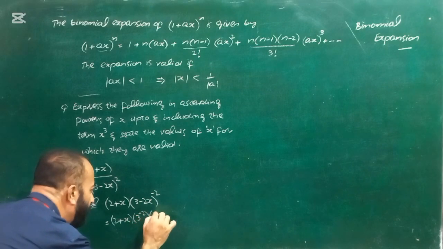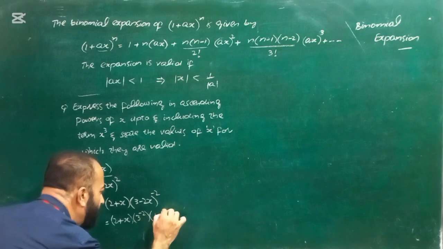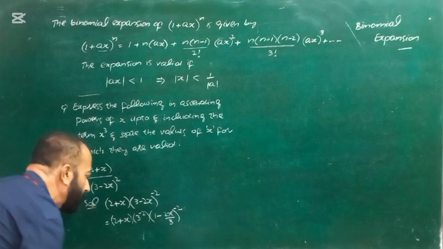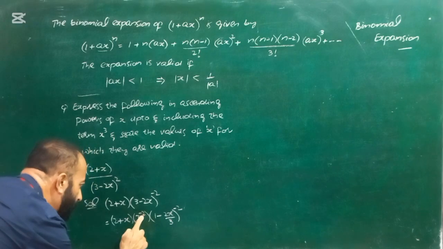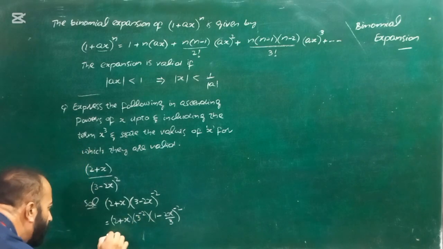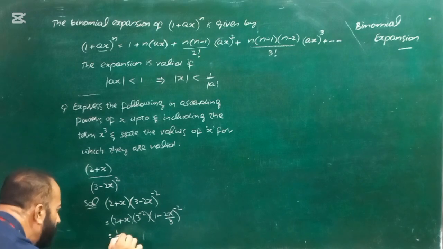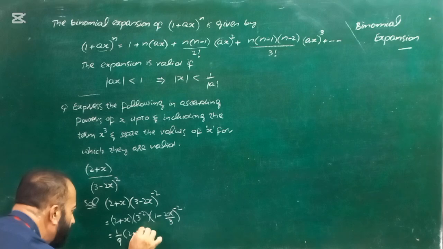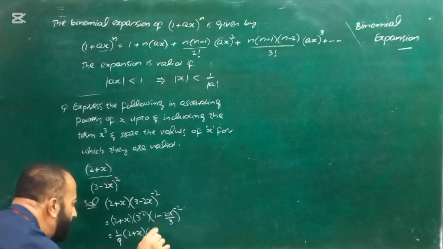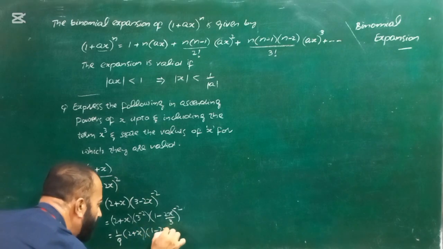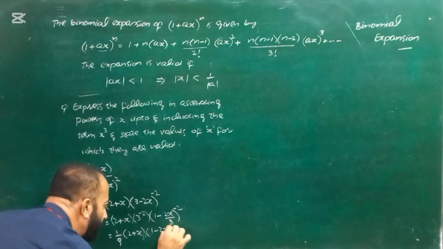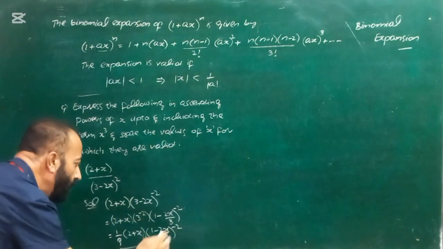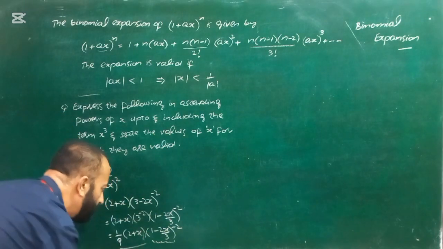What remains is (3 - 2x) over 3, raised to the power -2. Here 3^(-2) is actually 1/9. So we have 1/9 into (2 + x) into (1 - 2x/3)^(-2). This factor will move along. Actually, we will solve this part first.